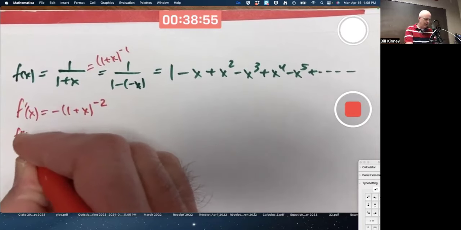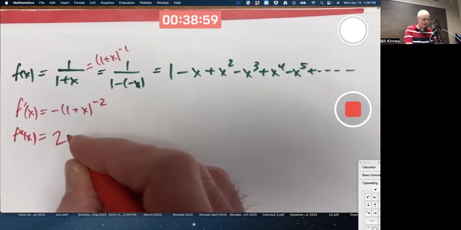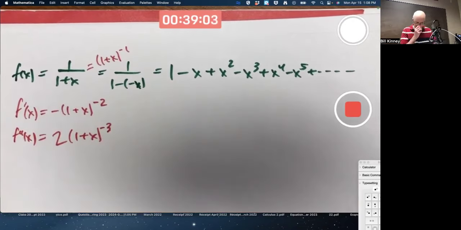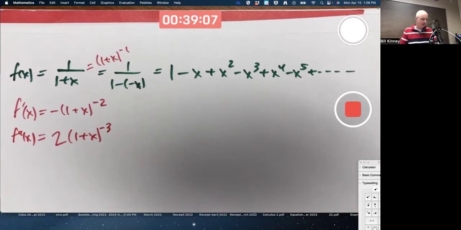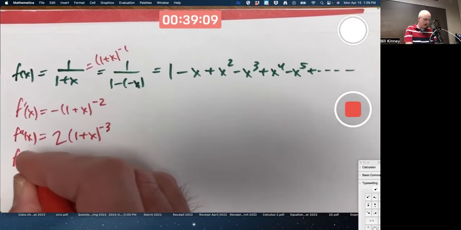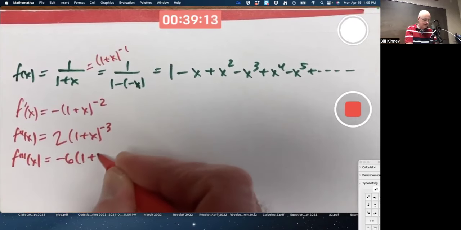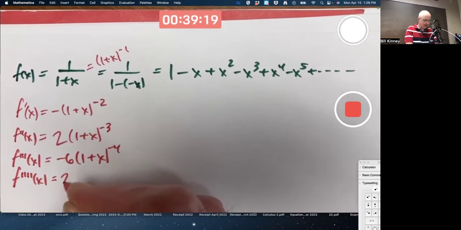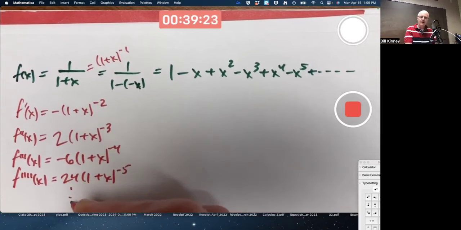F double prime comes back to a +2, 1 plus x to the -3, because -1 times -2 is +2. F triple prime of x goes back to a -6, 1 plus x to the -4. F quadruple prime of x goes back to a +24, 1 plus x to the -5, etc.